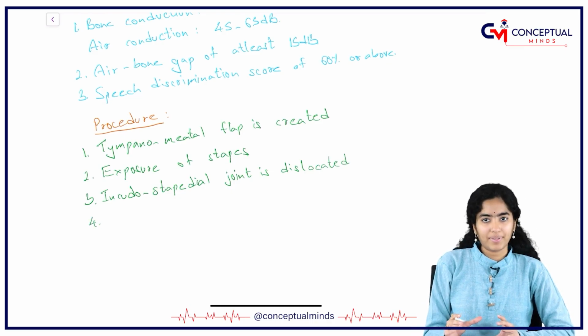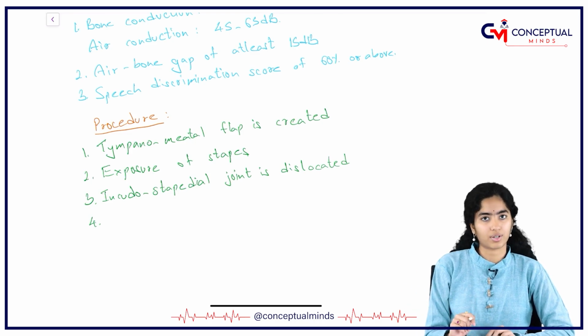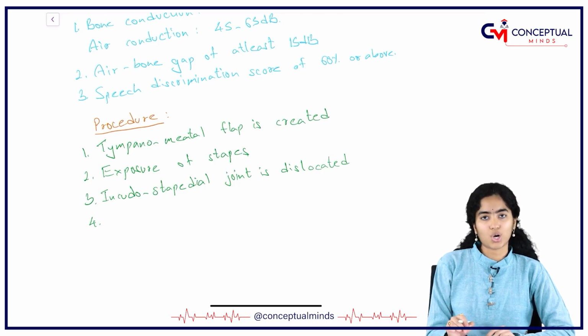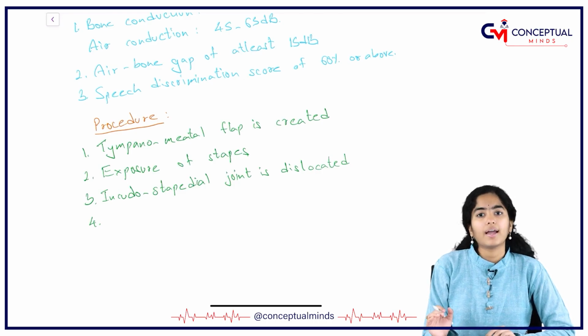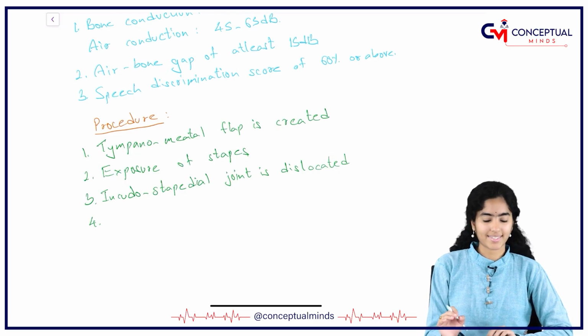Then on the stapes footplate, we create a hole in the area of otosclerosis. If we do that, it is called stapedotomy. If at all we remove the entire footplate of stapes, it is called as stapedectomy. Okay, is that clear?